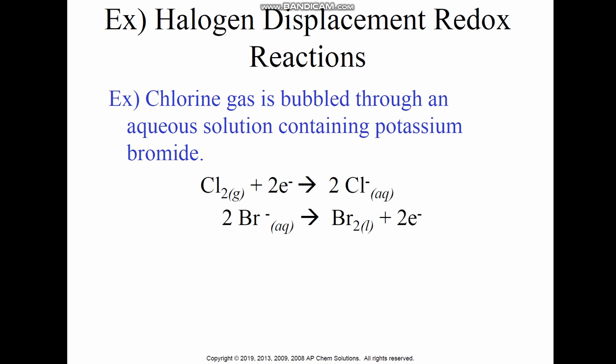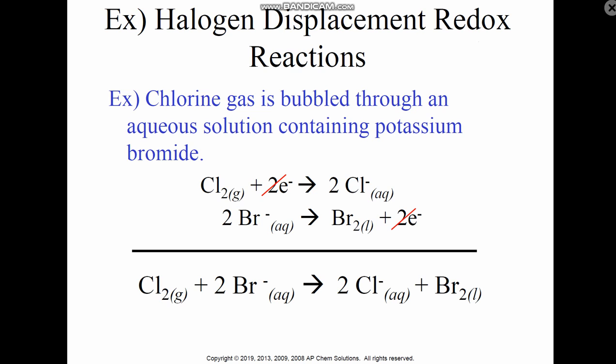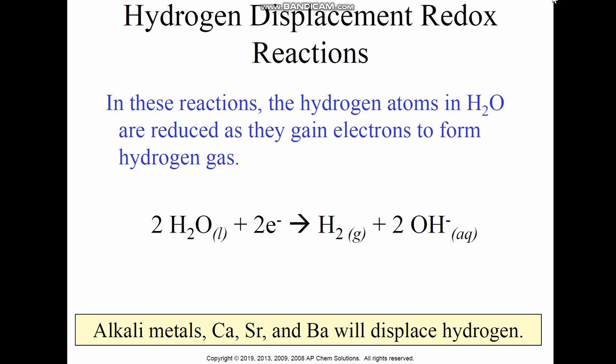So the chlorine is going to oxidize the bromine below it. The chlorine is reduced, the bromine is oxidized. Our net ionic equation is chlorine plus 2 bromide ions, giving 2 chloride ions and diatomic bromine.